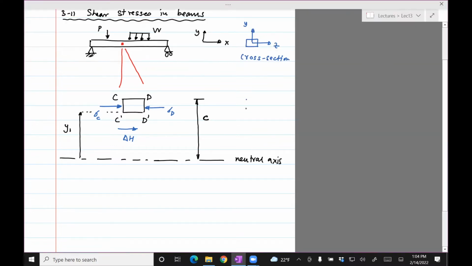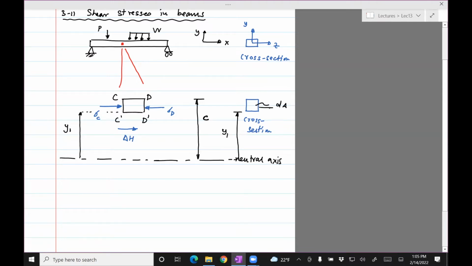And then if you draw the cross section of the same element, this is the side view. This area is dA since it's a small element, and this distance is again y1.